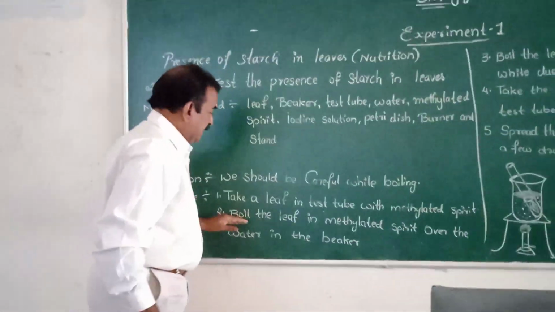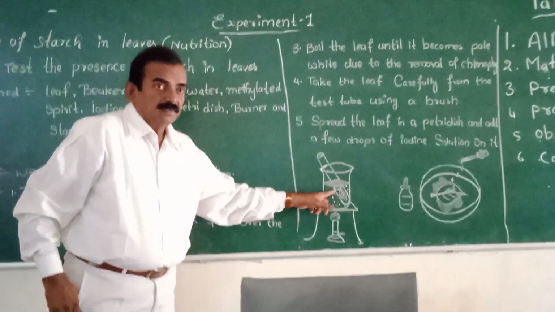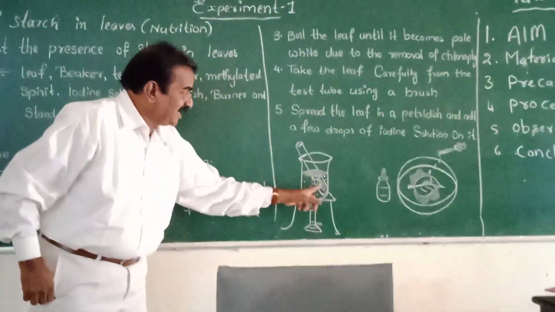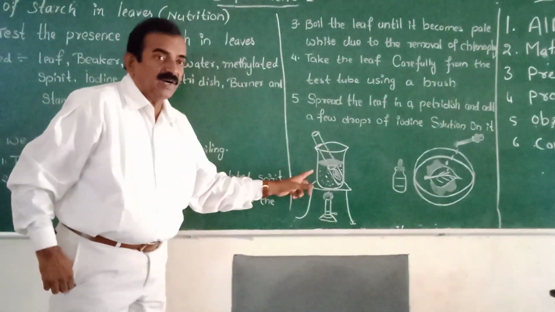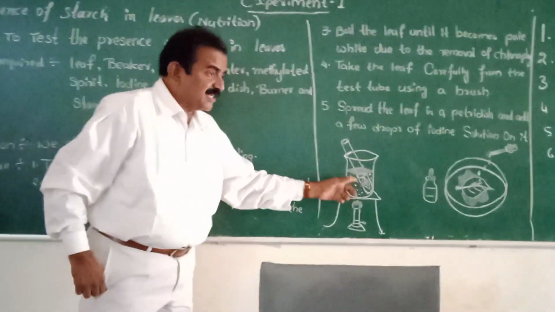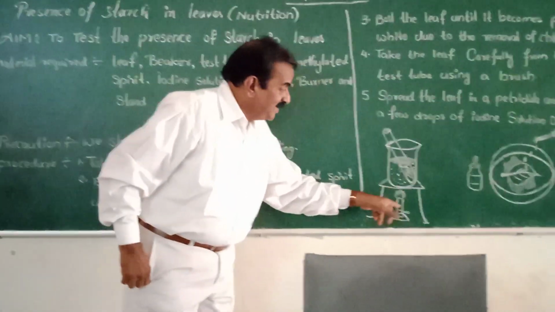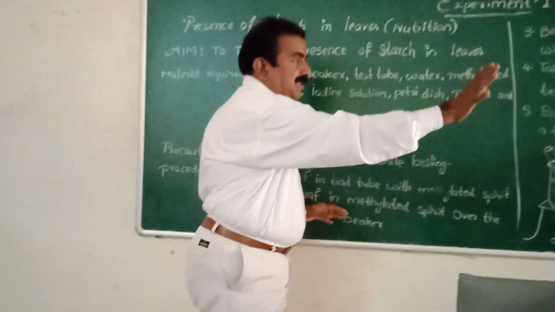Next we need to boil the water. We take this methylated spirit test tube in a beaker containing water. We should not directly heat the test tube. With the help of a burner we need to boil the water.